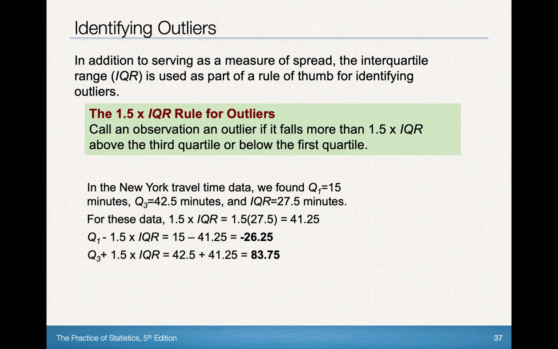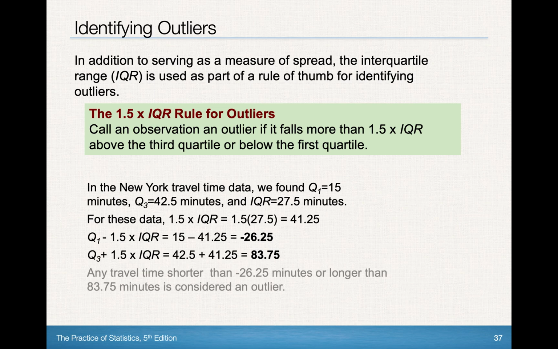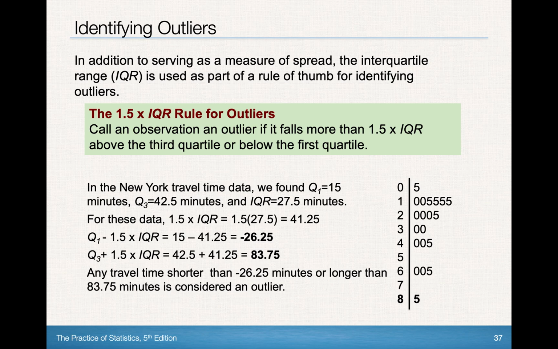Any value bigger than 83.75 is considered an outlier. In this case, we have one value bigger than 83.75, so we have confirmed that we have one outlier. 85 looked like an outlier, and now we have confirmed it numerically that it is, in fact, an outlier.